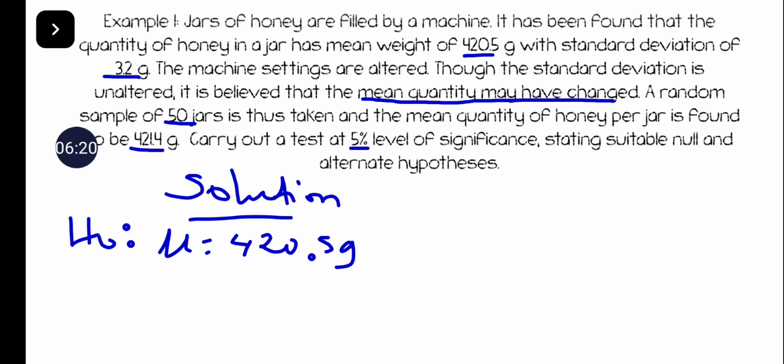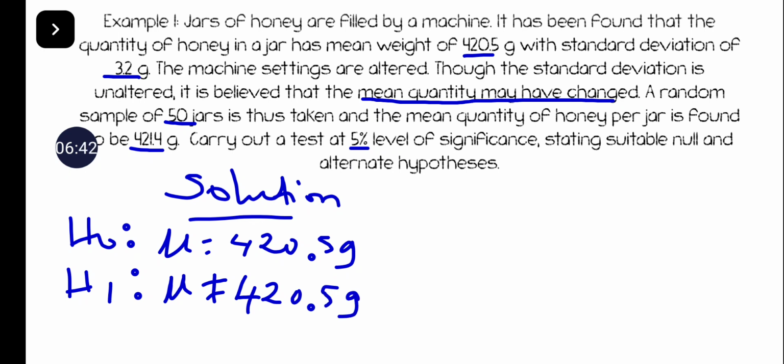Then the alternative hypothesis: the mean quantity may have changed. It means mu is not equal to 420.5 grams. That's what I mean by the mean quantity may have changed. So that's the null hypothesis, that's the alternative hypothesis.